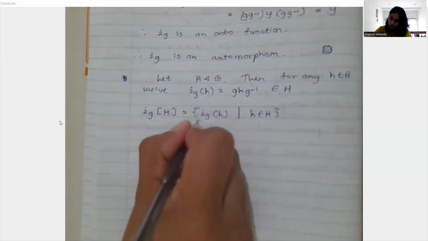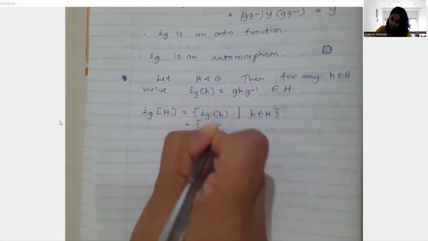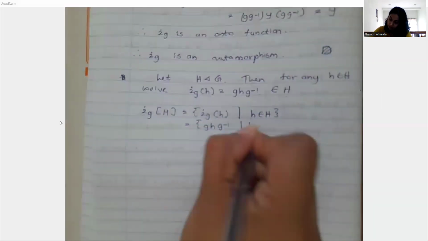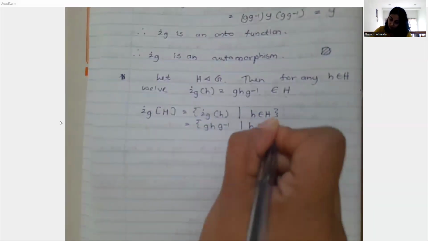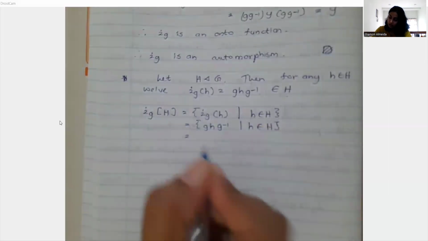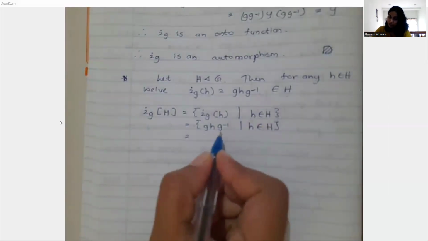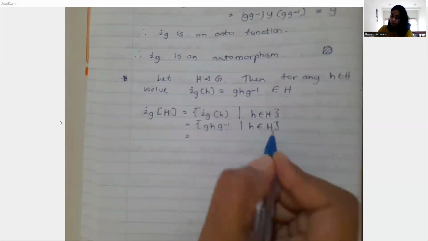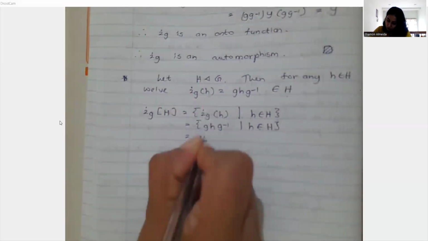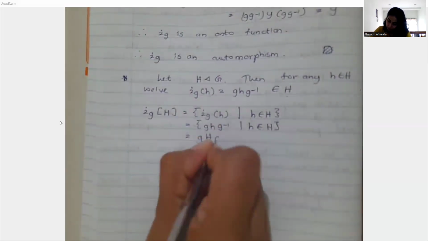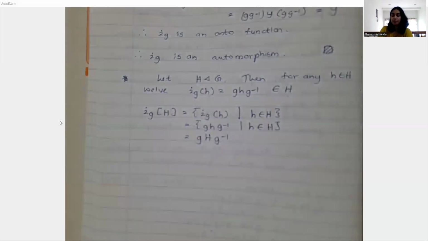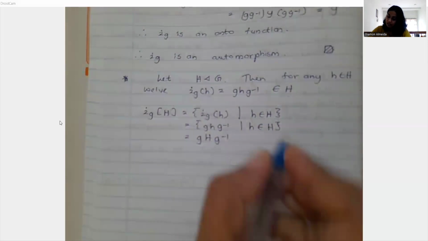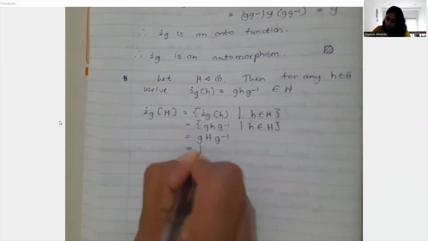This is equal to g h g inverse where all this h comes from H, right? So g is fixed over here, g inverse is fixed. All these values that are here in the middle, they come from the group H. This is equal to what? g H g inverse, this set. Okay, now this I will simply say is equal to H.